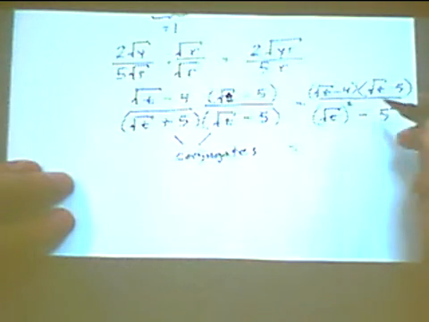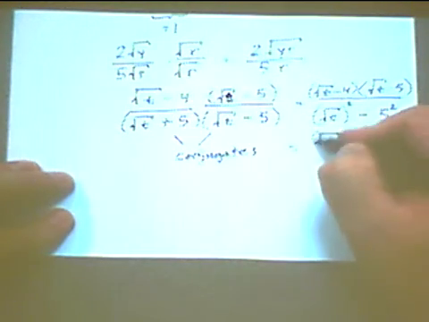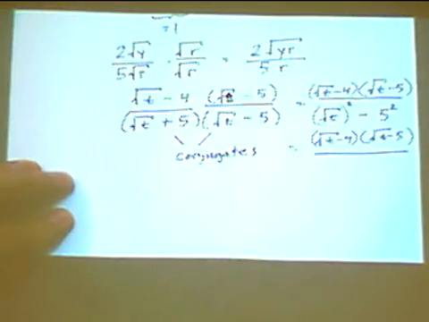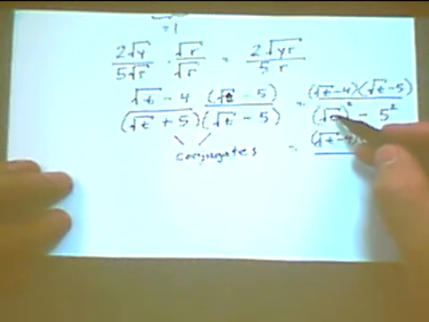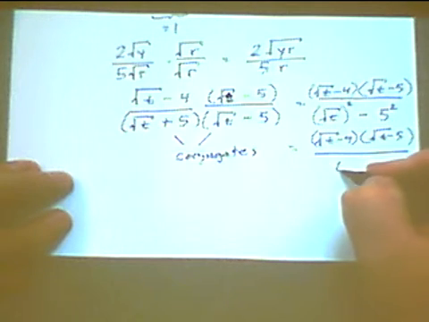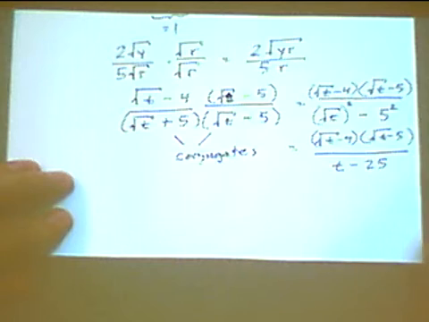So, final answer. The numerator, I'll just leave in that form. The denominator, what happens when you square the square root of t? You end up with t, minus 5 squared is 25.